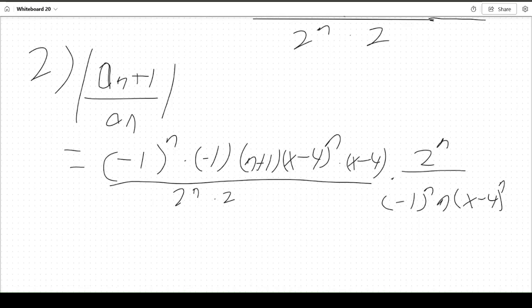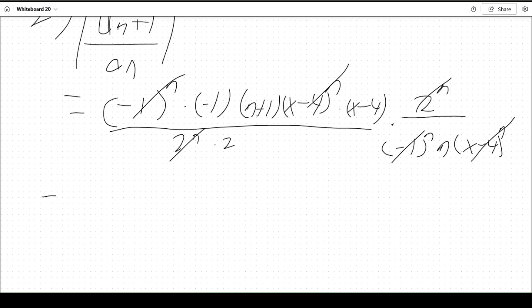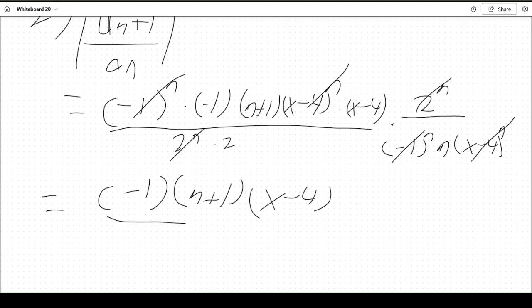We can eliminate -1 to the power of n. We can eliminate x minus 4 to the power of n. We can eliminate 2 to the power of n. And we got all the stuff we need, so we will be left with -1 times n plus 1 times x minus 4, and times 2 times n.